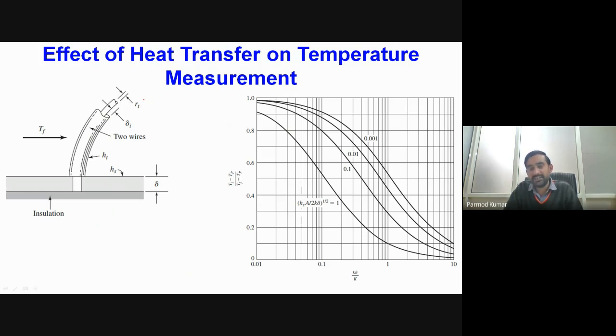If this is my surface and these are my two thermocouple wires, as the wires have certain thermal conductivity, and the temperature of the thermocouple wire is less than that of the surface, there will be some axial conduction of heat from the surface into the thermocouple wires.